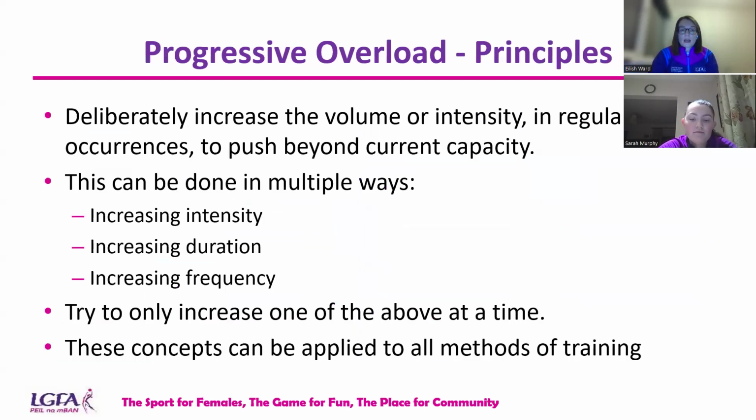What we're looking for is to deliberately increase the volume or the intensity, and regular occurrence, to push beyond our current capacity. The reason those increments are built in over time is that they make us a little bit fitter and prepare us more, but equally they allow us to manage the risk of injury.